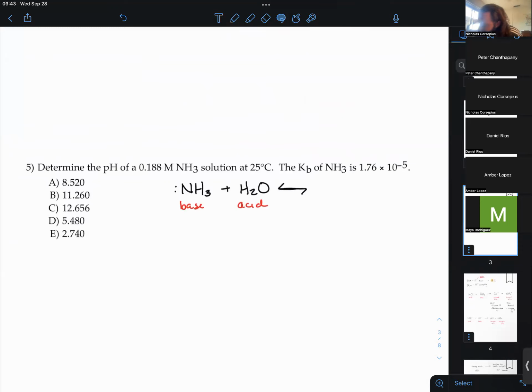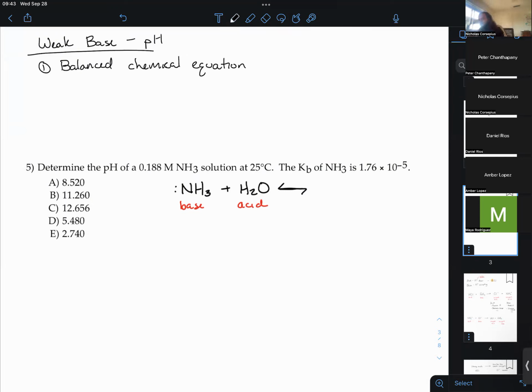All right, so how are we going to do these weak base problems? It's actually the same procedure as for the weak acid, but let's just write it out here. First, we need our balanced chemical equation. This is specifically for calculating the pH. All right, so again, what do bases do? Bases accept protons.